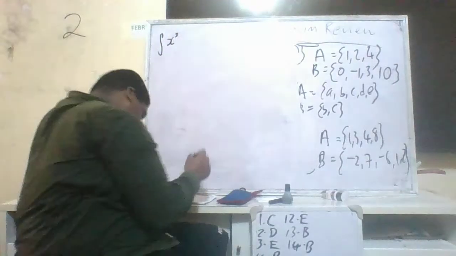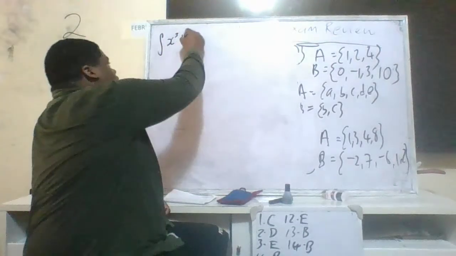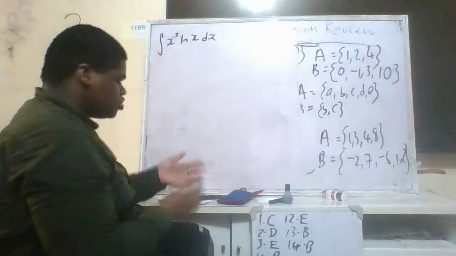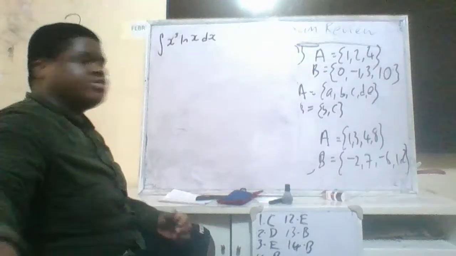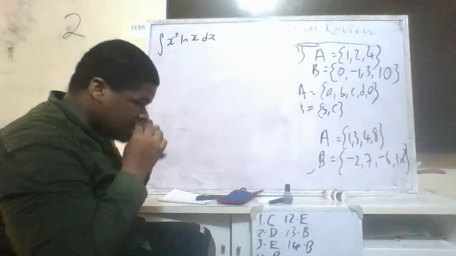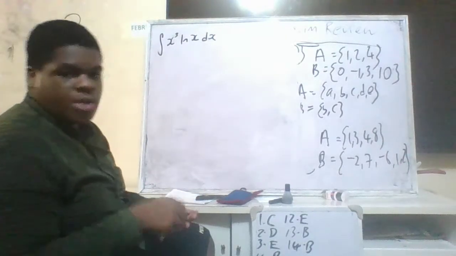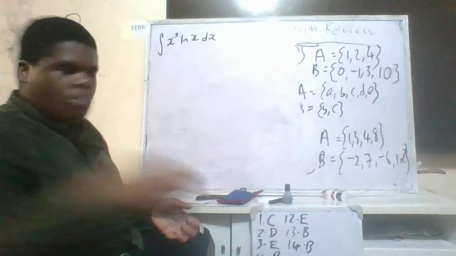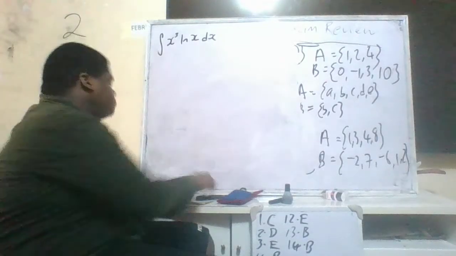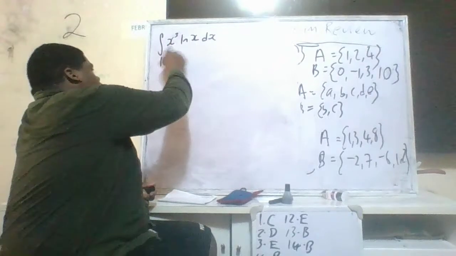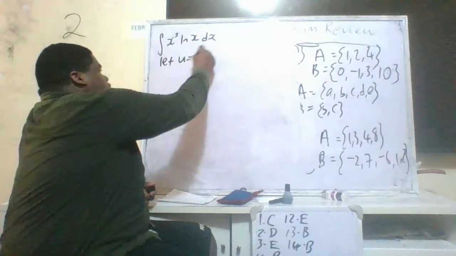Well, question 15 now. Question 15 says we should find the integral of x to the power of 3 then x dx. Now to solve this, I'm going to use integration by parts. So I'm going to differentiate one of them and integrate one of them. Let u equal ln x.